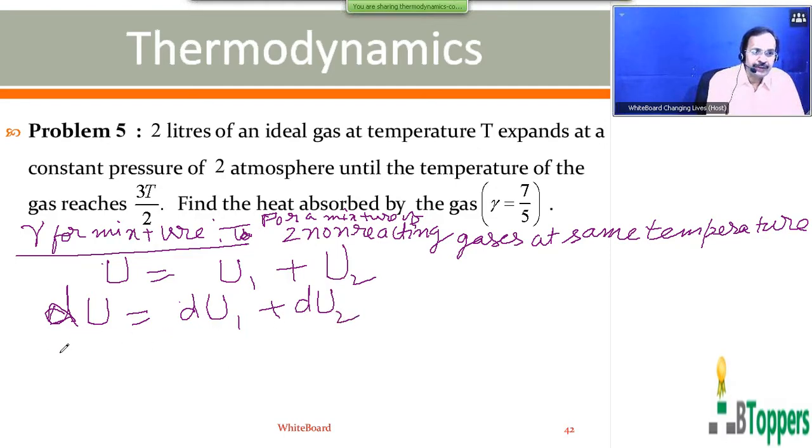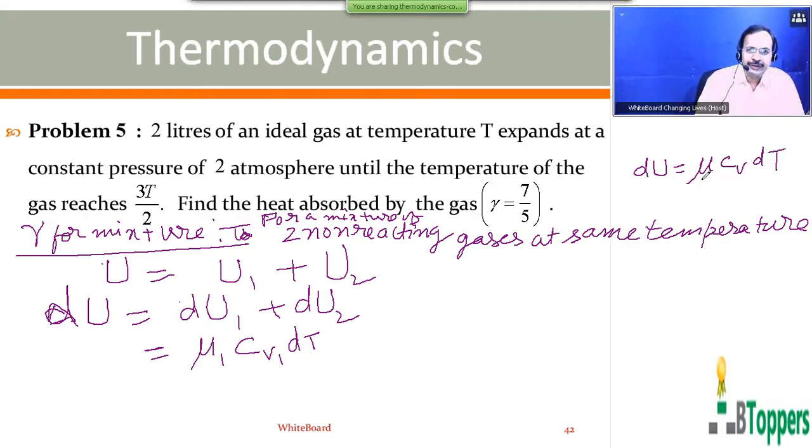So you can write this as nu1 CV1 dT. I told you the change in internal energy of a fixed mass of an ideal gas, when the temperature changes by an infinitesimally small amount, can be written as nu CV dT. For dU of the mixture of the two gases, the total number of moles of the mixture can be written as nu1 plus nu2. If the two gases are non-reacting, there will be no change in the total number of moles.